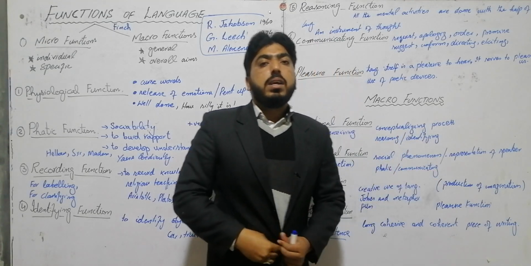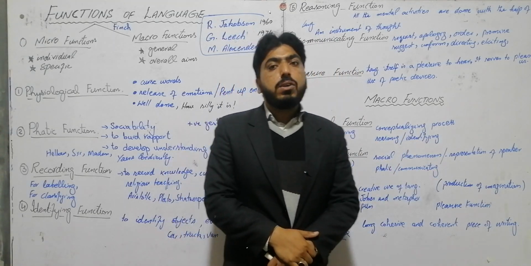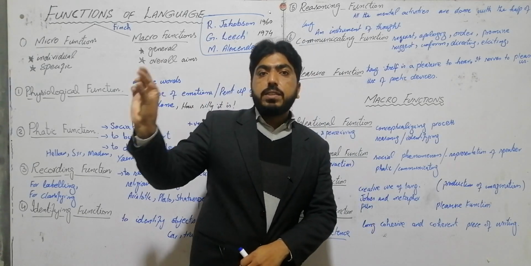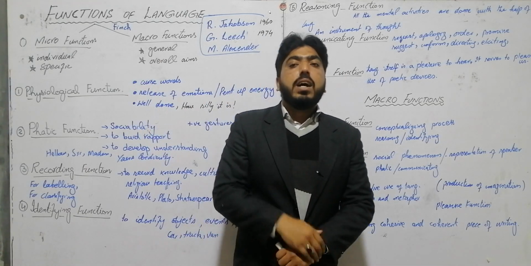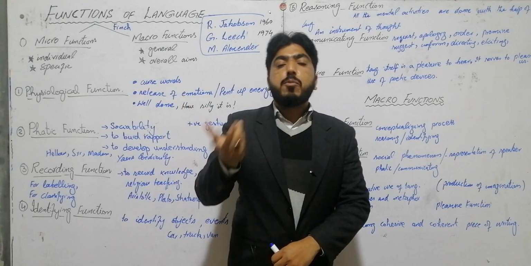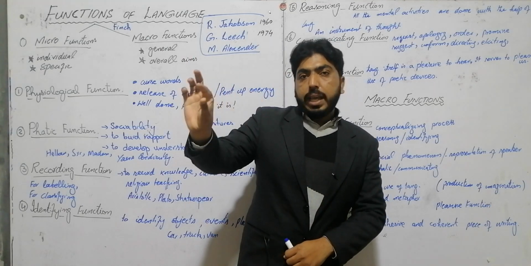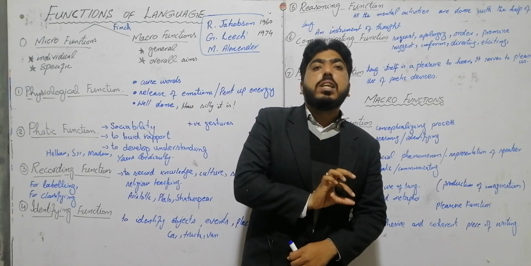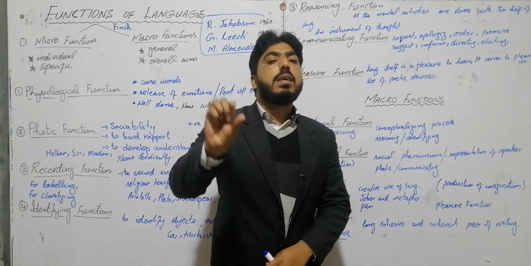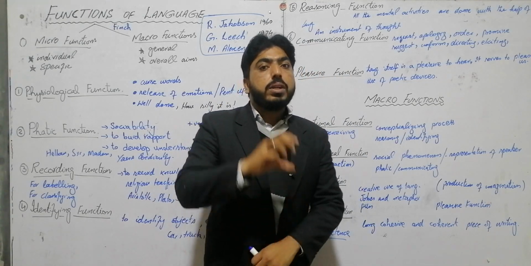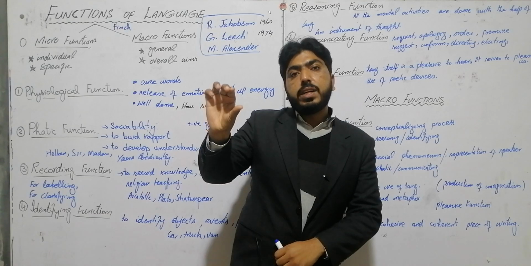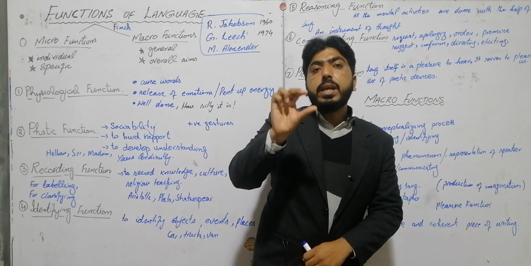For example, if I say the crow was very thirsty, this is the first idea, and in the next line I say that I am also hungry. Now things are moving illogically, although both sentences are grammatically correct. So unity of structure is there, but unity of meaning is missing.